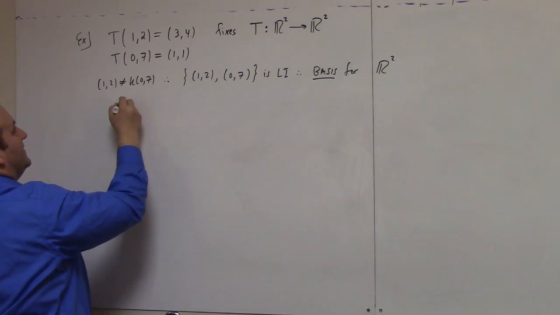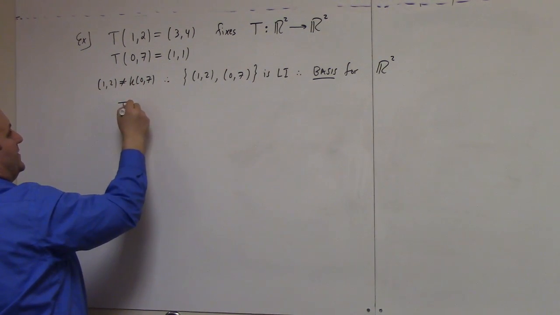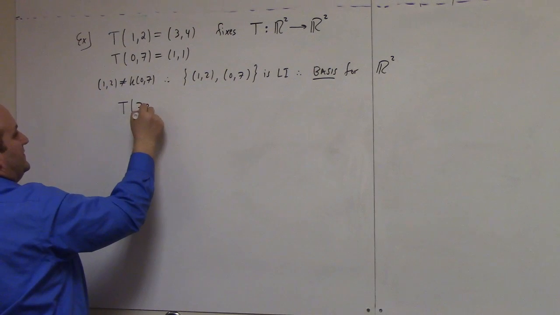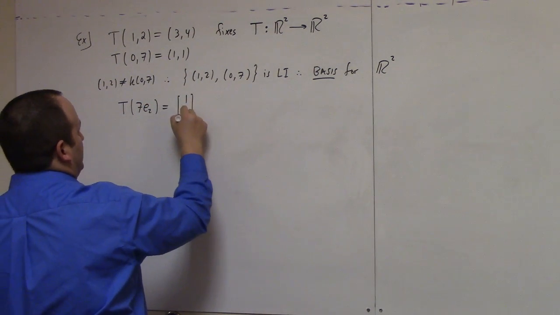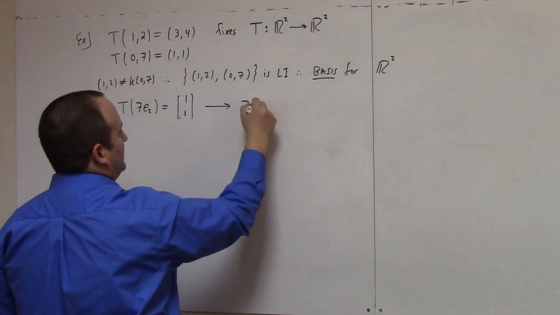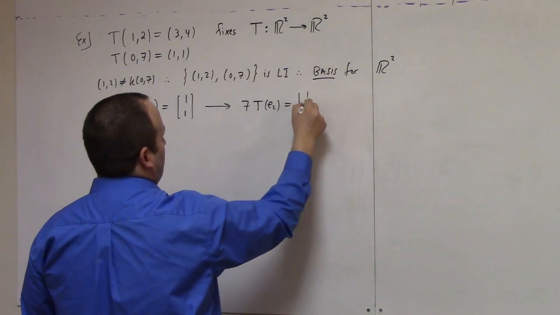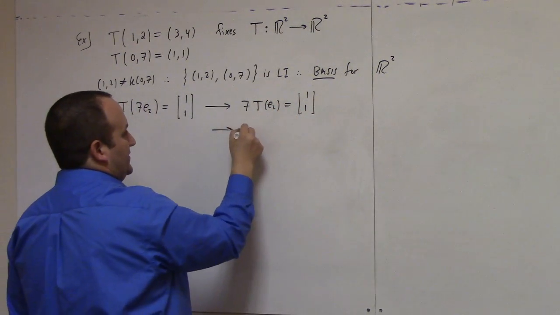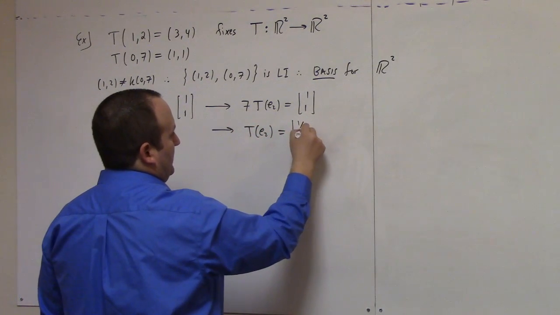I'm going to start with this one, that's the easiest thing. This is really T times 7 e2, which is equal to (1, 1). What that tells me, just translating, is that 7 times T of e2 is equal to (1, 1). Or in other words, T of e2 is (1/7, 1/7).